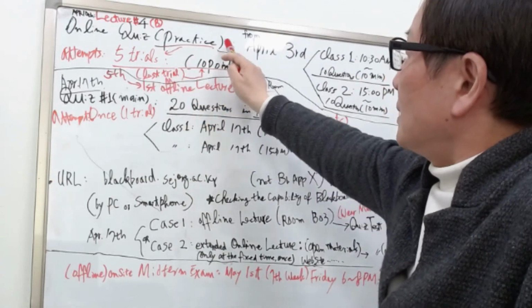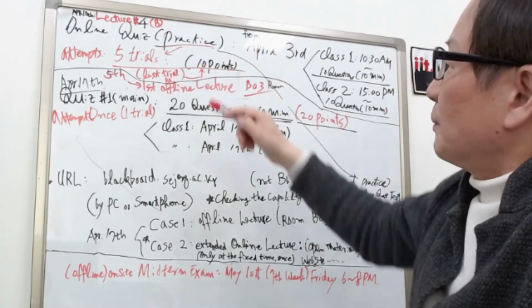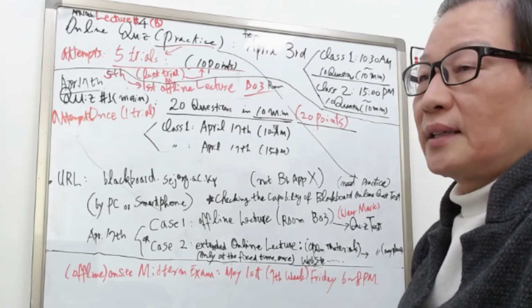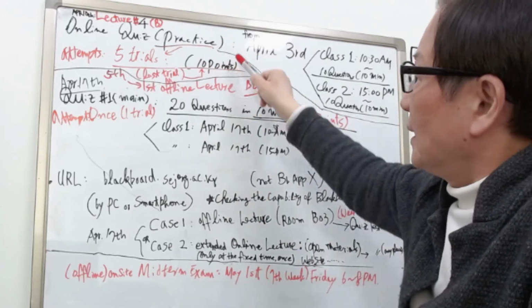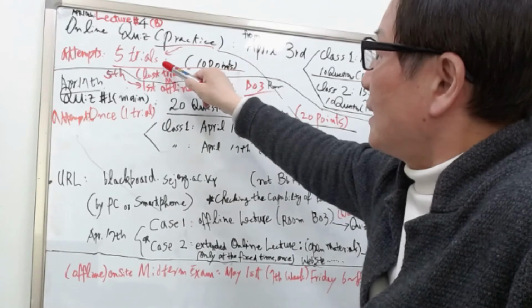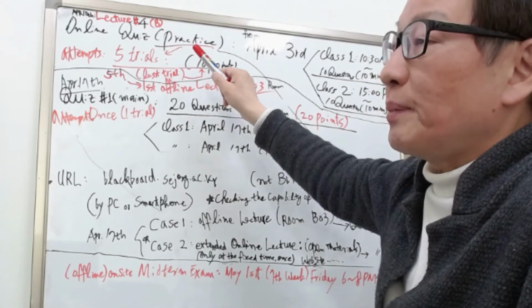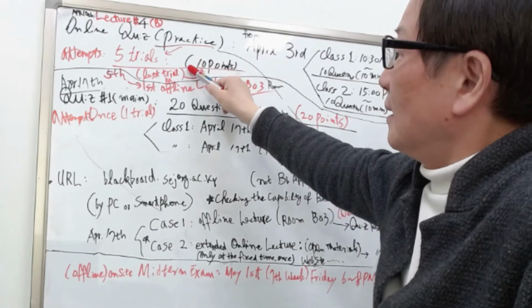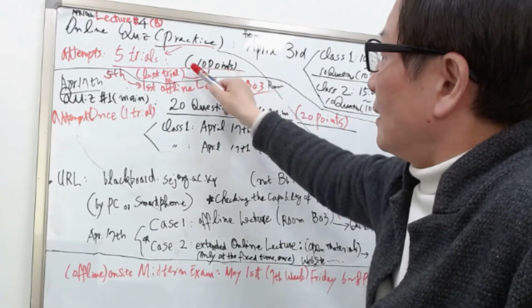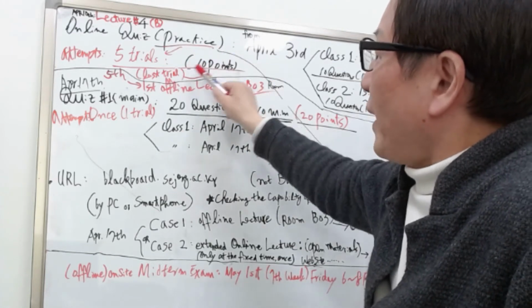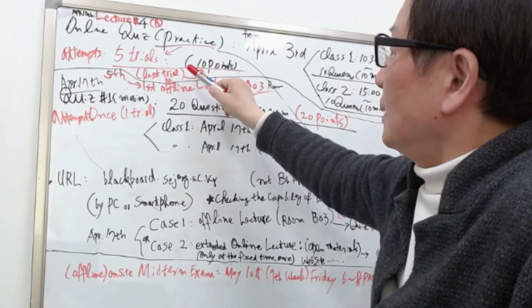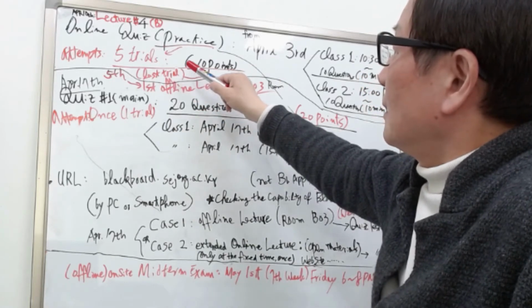And even though this is a practice test, those points will be applied to the final points, thus you should be careful, as I mentioned already. The final trial should be tested carefully.